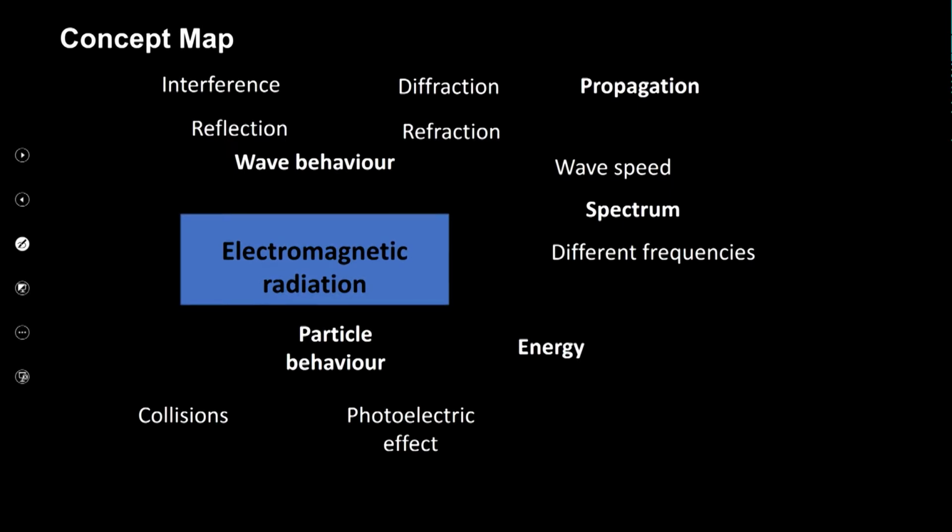Obviously, as part of our investigation, we're going to be looking at the electro and magnetic aspects of electromagnetic radiation. But as part of that, we're going to be linking it to how electromagnetic radiation propagates from one place to another, and what different types of electromagnetic radiation we find in the spectrum of electromagnetic radiation. But before we get into any of that, we first need to understand electromagnetic radiation in a little bit more detail.